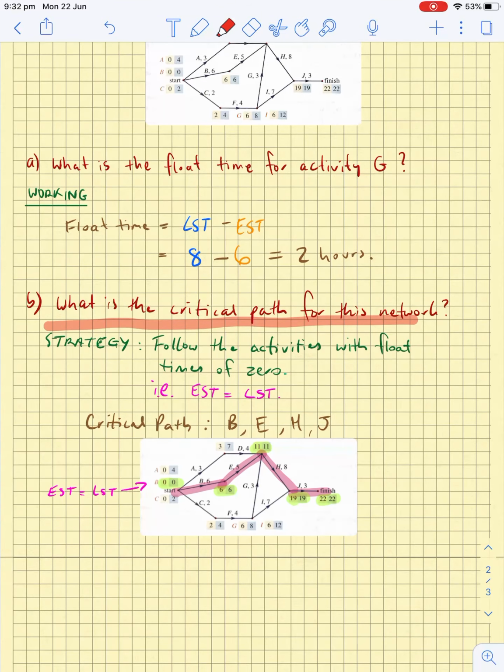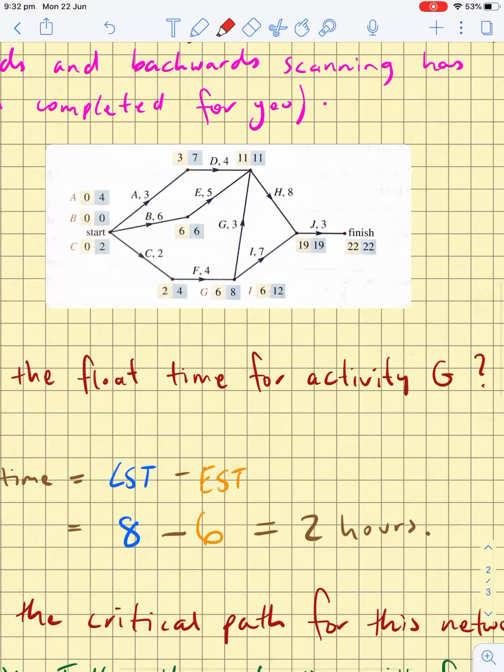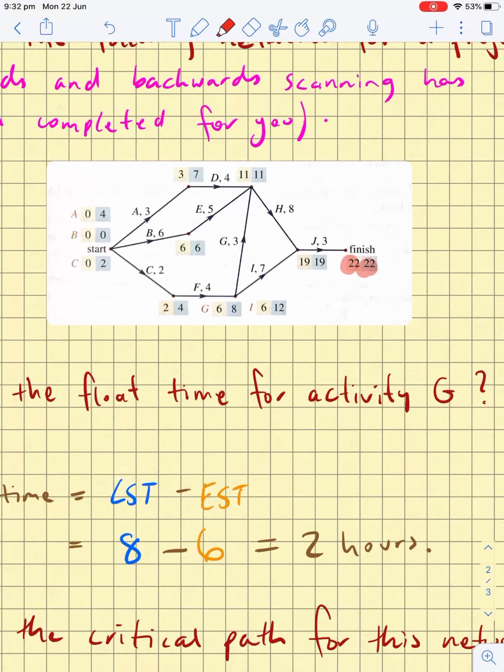And lastly, what is the critical path for this network? You want to look at your activities and see which have a float time of 0, where the EST equals the LST. At the finish, you should always have your EST equaling your LST. There's no float time when you're finishing. We want to work backwards and see the critical path.